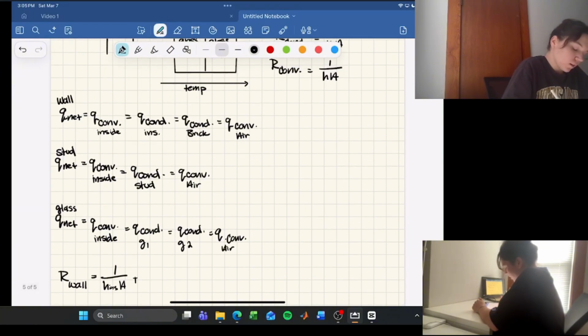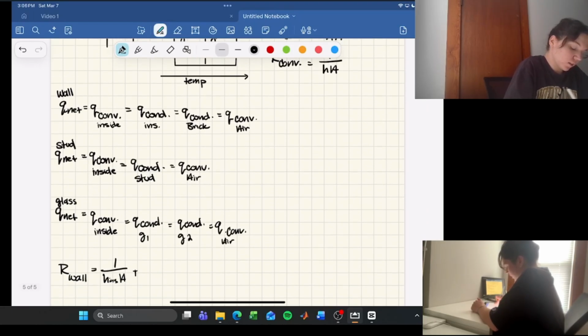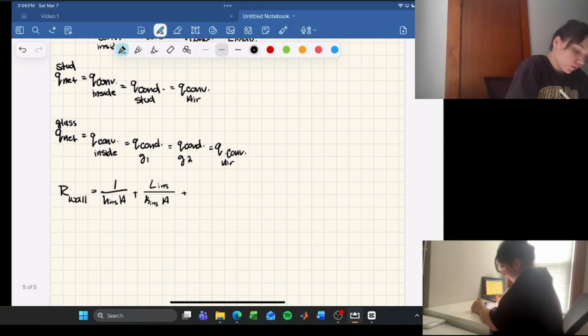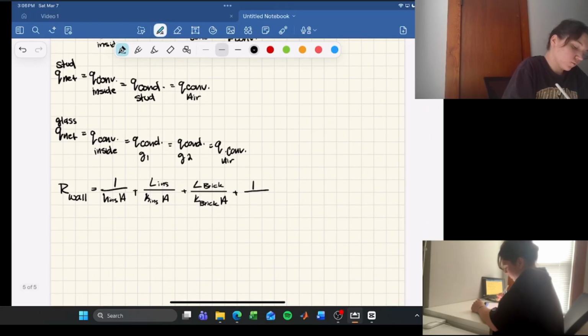plus the resistance from conduction from the insulator, which is the length of the insulator over the thermal conductivity of the insulator times the area, plus the resistance by conduction of the brick, plus the resistance of convection from the air.